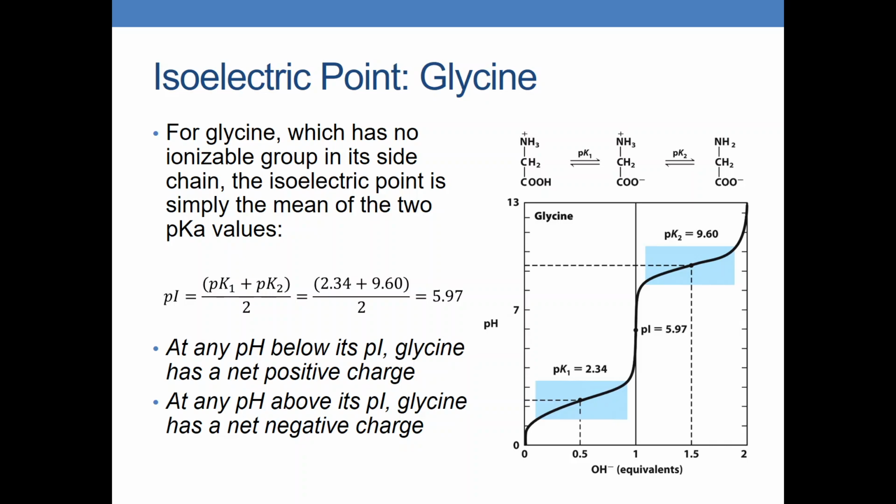Before we look at the actual calculation of the isoelectric point, we're going to look at the data. Here you have a plot of pH versus OH equivalents. You can think about this just like an acid-base titration that you've done in general chemistry or analytical chemistry. Remember you have your 2 ionizable groups of glycine, and you're going to titrate them with a strong base like sodium hydroxide or KOH.